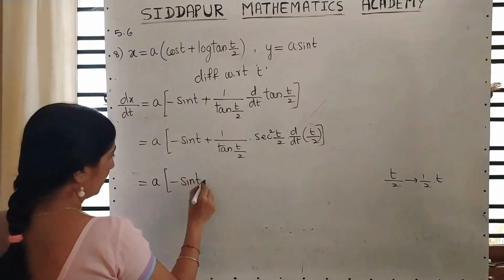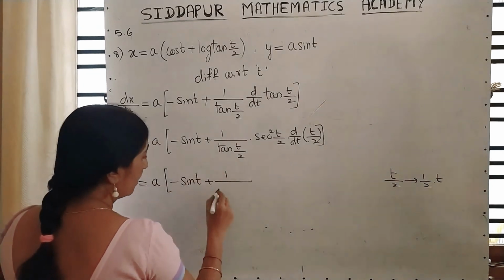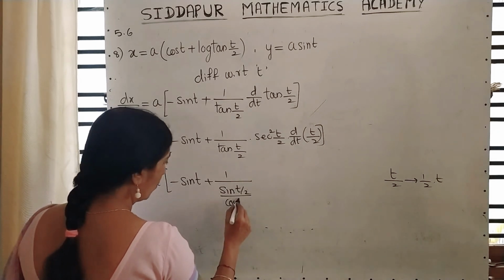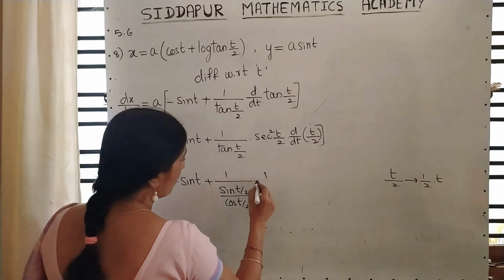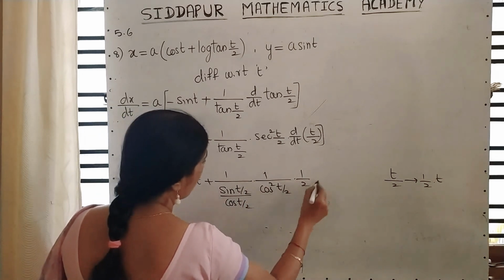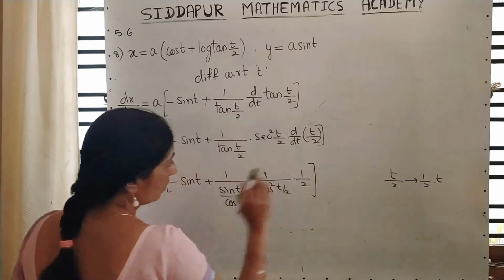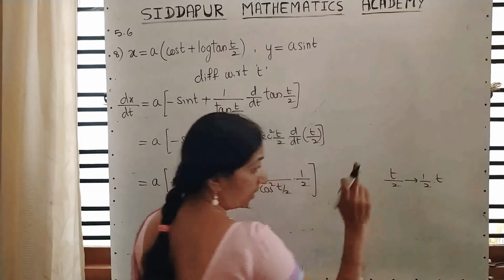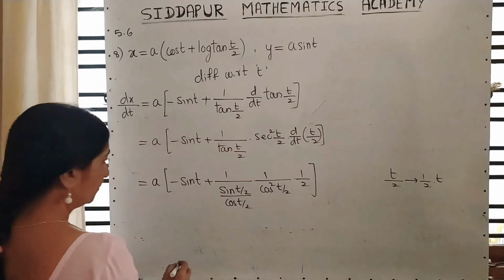Minus sin t plus tan is written as sin t by 2 upon cos t by 2. Secant square is 1 by cos square t by 2. And differentiation of t by 2 is 1 by 2. As I explained, 1 by 2 constant, differentiation of t with respect to t is 1.